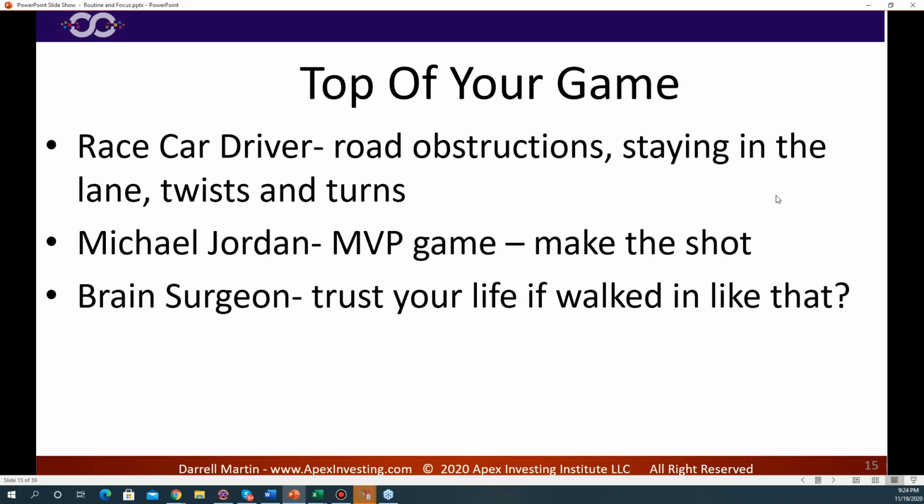What about a brain surgeon? If you're on the operating table about to get your brain cut open and worked on, and your brain surgeon walked in looking like any of those pictures I just showed you, are you going to risk and trust your life to that doctor? What about you hop on an airplane, you're walking aboard and you see the pilot walking in looking like that?